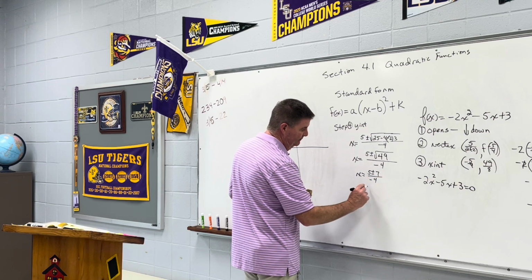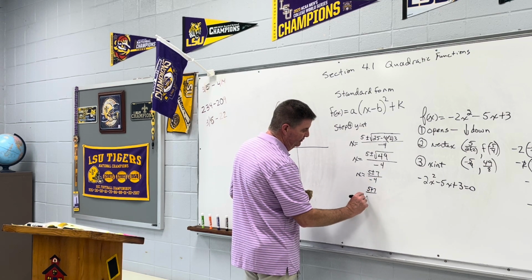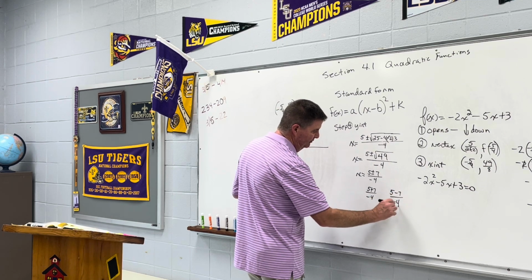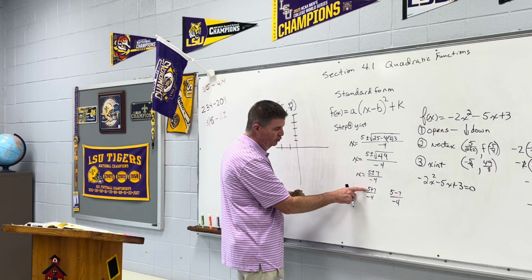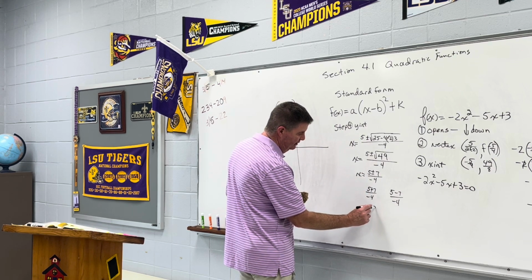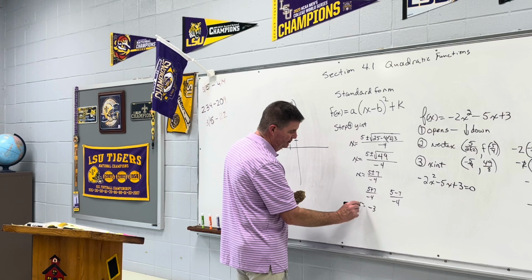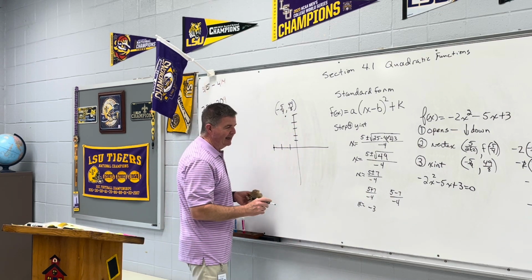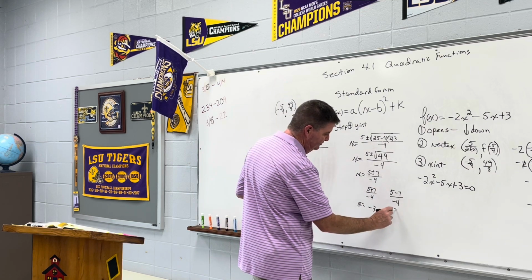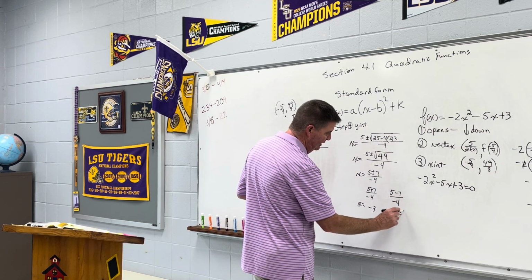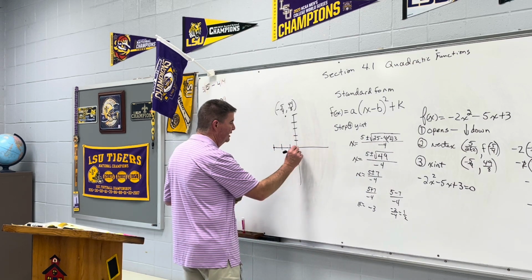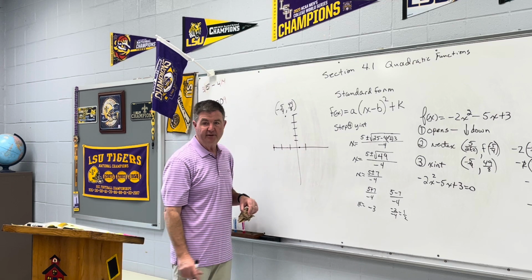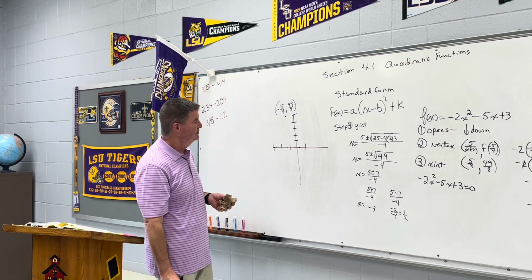That's 5 plus 7 over negative 4 and 5 minus 7 over negative 4. So 12 over negative 4 is negative 3. And 5 minus 7 is negative 2 over negative 4, which is positive 1/2. So our x-intercepts are negative 3 and positive 1/2.